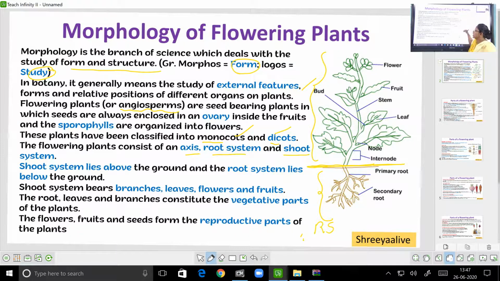Shoot system and root system. The shoot system bears the branches, leaves, flowers and fruits. The root system bears the primary root and secondary roots. Only roots will be present below the surface.